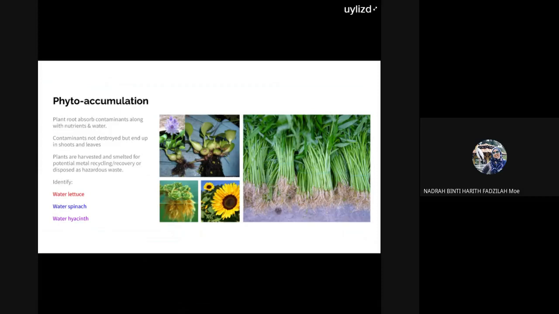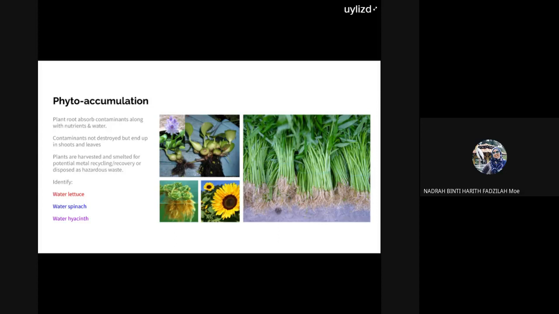Macam Izamani sebut, dia sort of macam filter lah. So basically most of the time these species of plants have roots that can absorb contaminants or pollutants. Kita letak plants ni dalam kumpulan phytoaccumulation sebab dia simply absorb heavy metals atau absorb radiation into the roots and store it in the leaf or in the shoots.